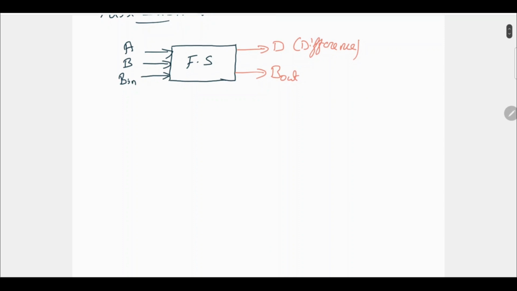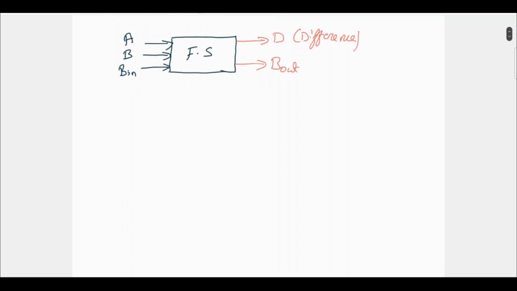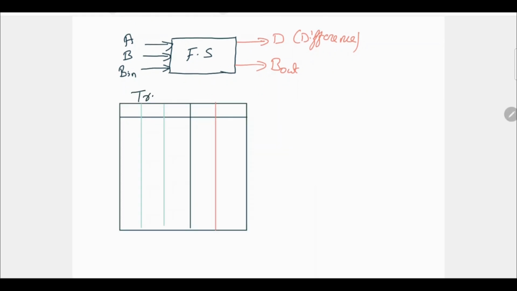So, we will see the truth table first. So, this is the truth table. The first part is the inputs A, B and borrow in, and the second part is the output, we have D and borrow out.